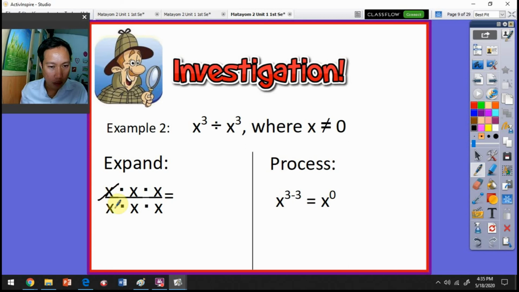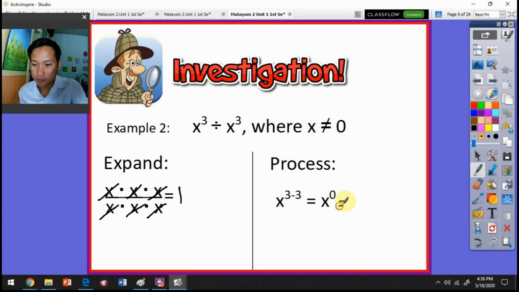We cancel out the x's. The answer will become 1. The process tells us that if you have the same base, we subtract the exponents. 3 minus 3 equals 0.